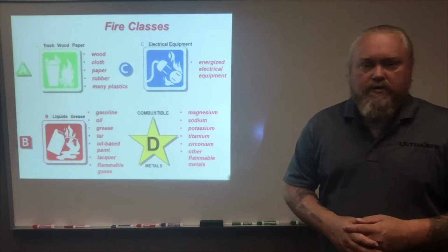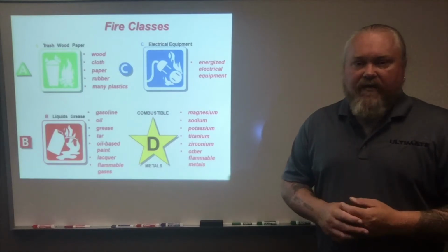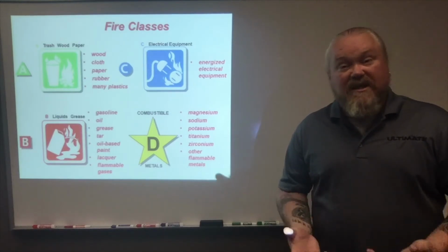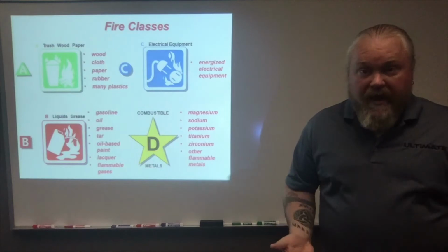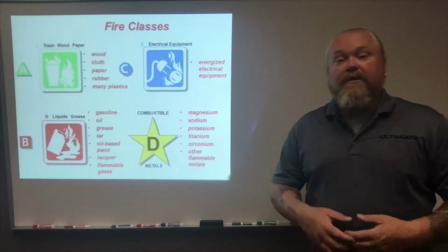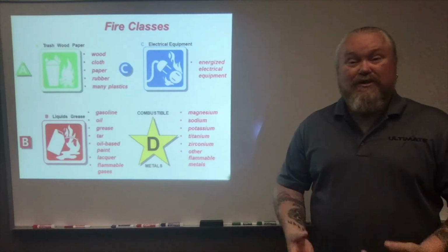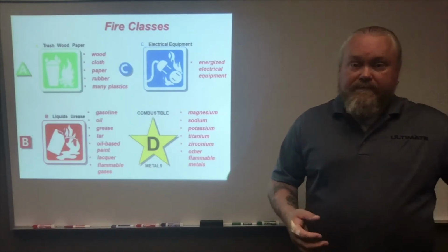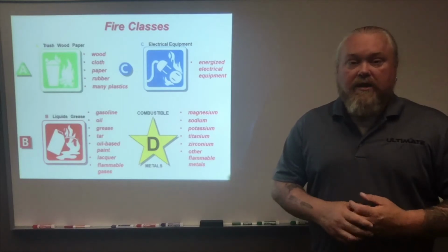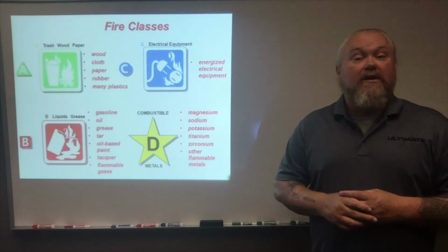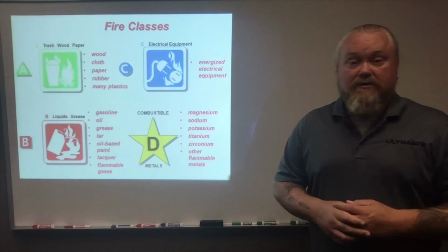The most common ones we'll deal with are going to be your Class A fires because of the surrounding material. The insulation on wiring is plastic in nature, and if you heat it up enough, it starts to catch fire as well. So C fires are generated from electricity initially, but are the starters of your Class A's and your Class B's, and they can also start your Class D fires in certain situations.